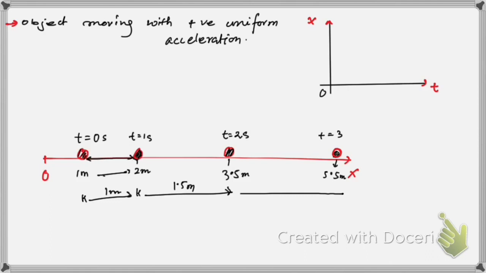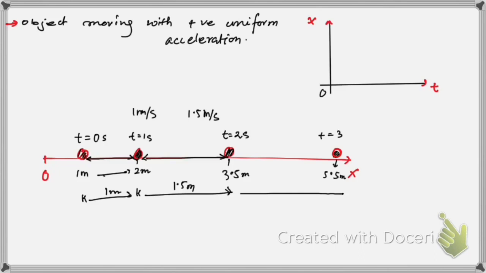So here you see, velocity in the first 1 second was 1 meter per second. In the next 1 second it traveled 1.5 meters, so velocity is now 1.5 meters per second during this period.